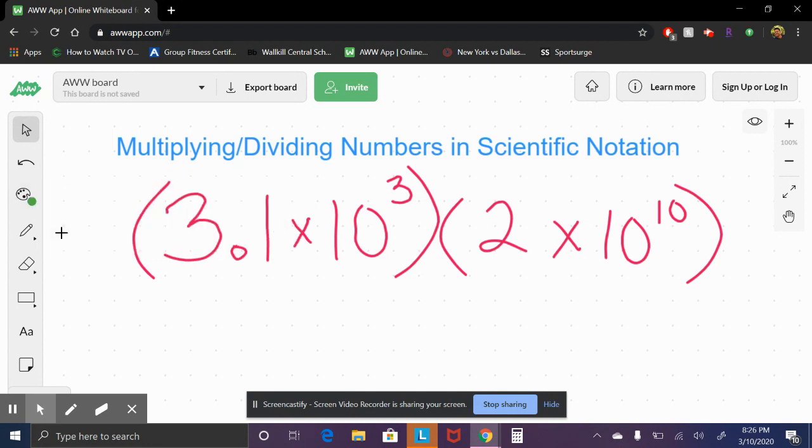So when we do that, we multiply the numbers out in front, 3.1 times 2, which is 6.2.